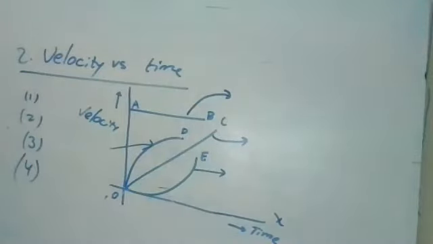Done? Okay, note down the first point. Comparing with the displacement time graph, you can see that the first one, velocity was constant, without any changes.